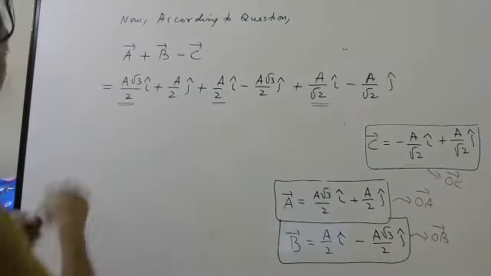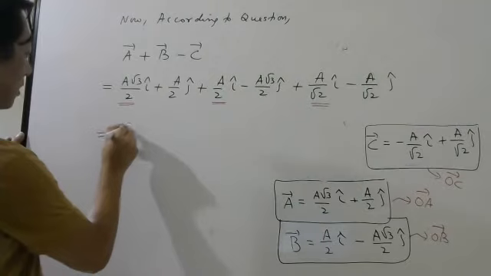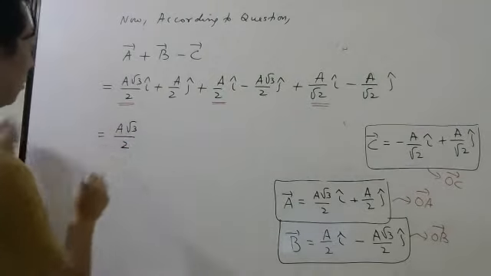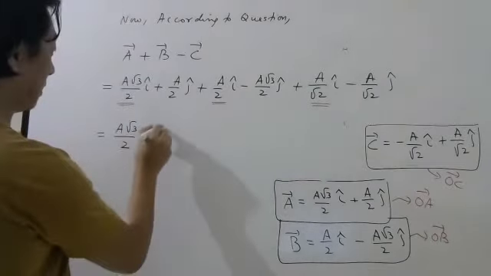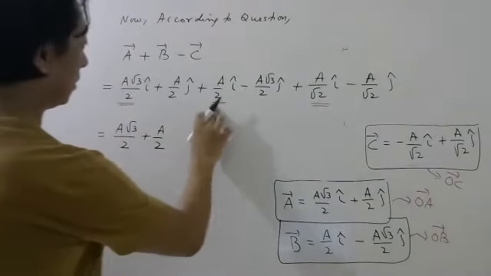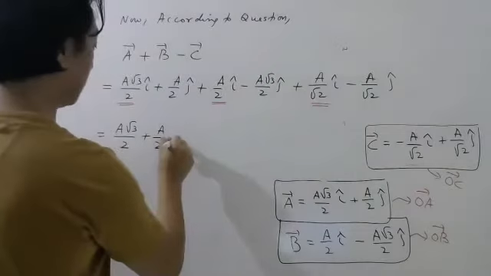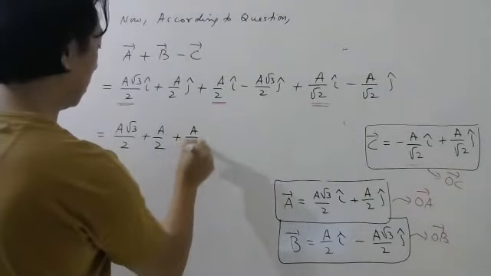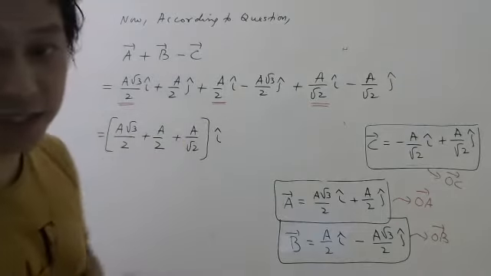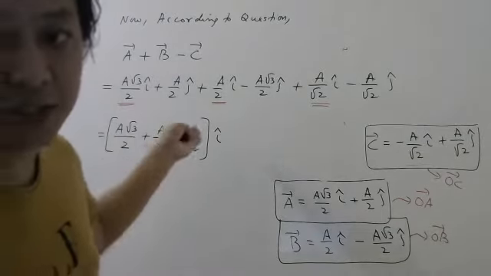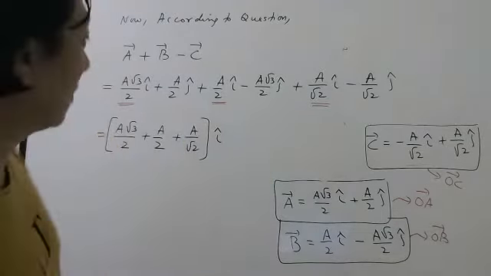So put them together, meaning take i cap common. So a root 3 by 2, plus a by 2, and here plus a by root 2 i cap. Some of you were talking about H.C. Verma textbook, right? This question is taken from H.C. Verma textbook only.